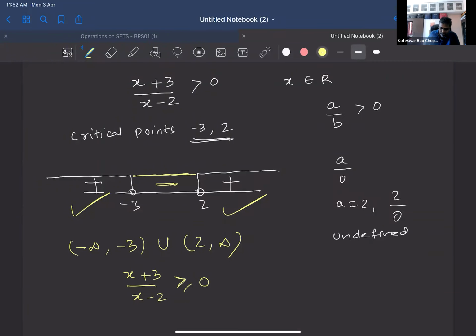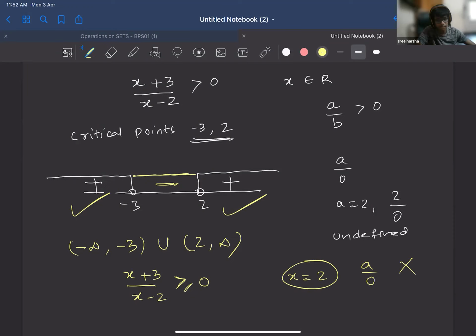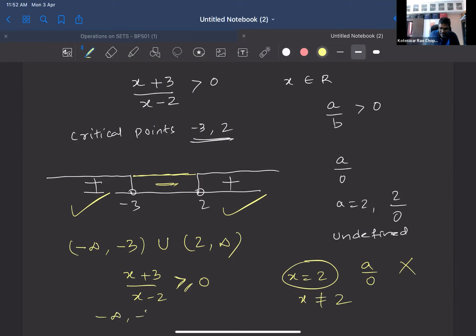You want this to be greater than or equal to 0. But the problem is, if you put x equal to 2, I get an A by 0 case, which is not good. So that is why your x cannot be 2. So your solutions will be minus infinity to minus 3, and minus 3 will be included because your numerator can be 0.